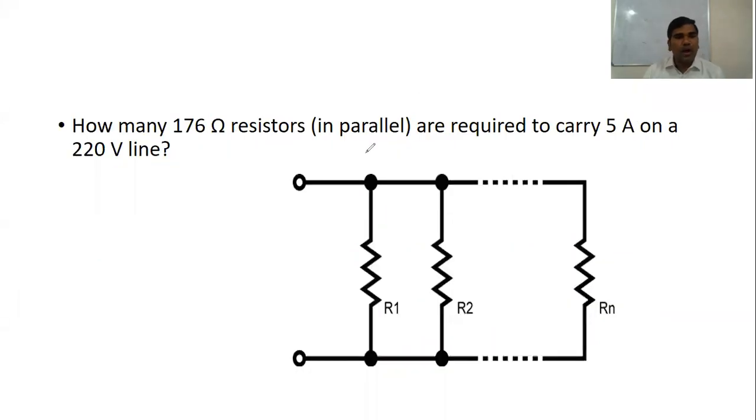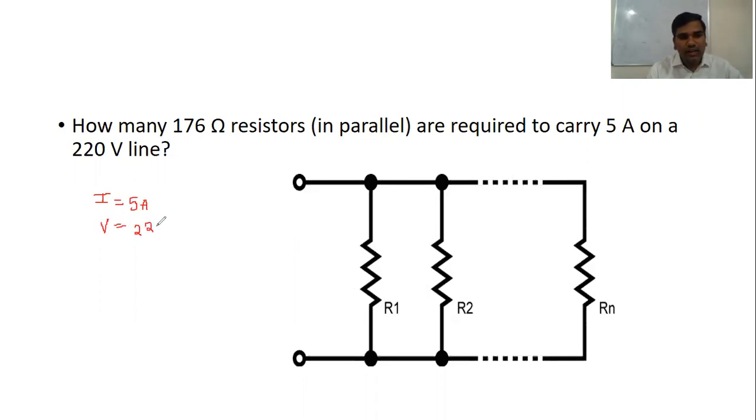Now this problem: how many 176 ohm resistors are required to carry 5 ampere on a 220 volt line? We have to connect them in parallel. So the current we require, I, is equal to 5 ampere on a 220 volt line.